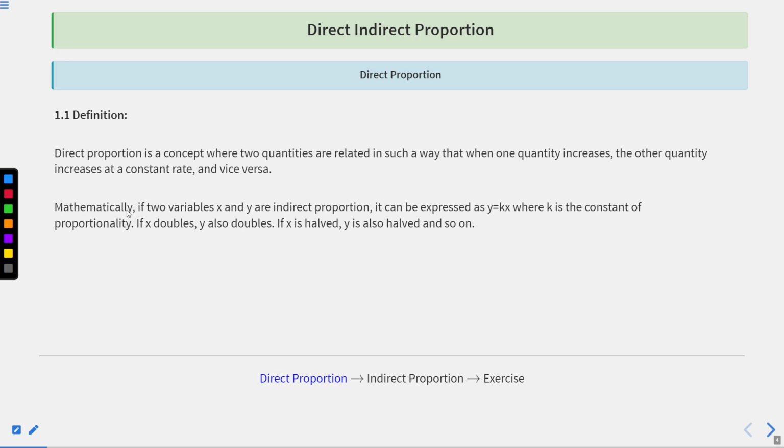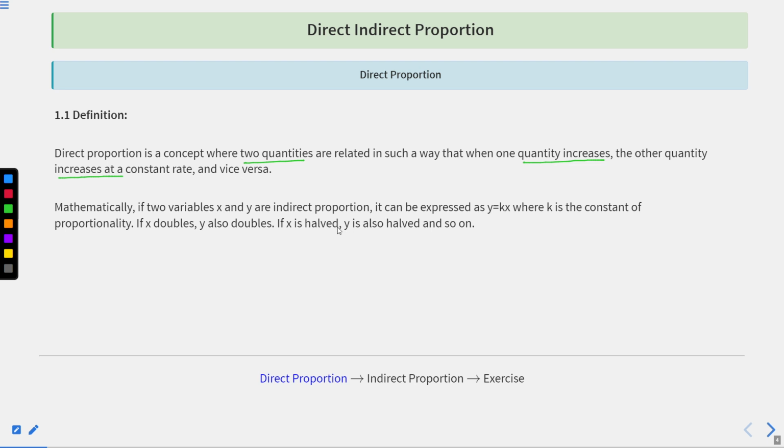So, the definition first. Direct proportion is a concept where two quantities are related in such a way that when one quantity increases, the other quantity increases at a constant rate, and vice versa. By vice versa, I mean if one of the quantities is decreasing, then the other should also decrease.